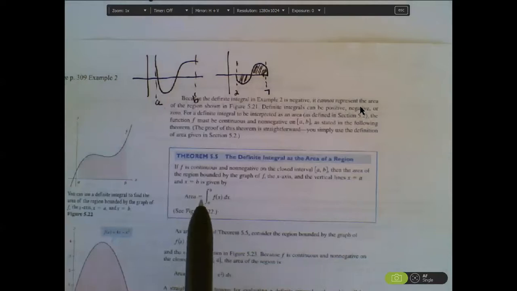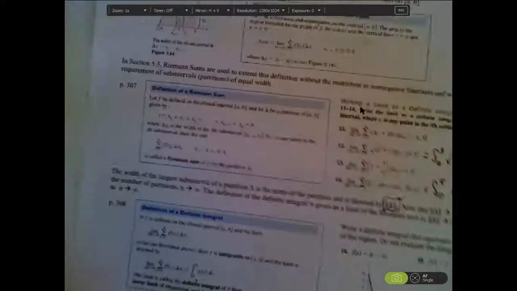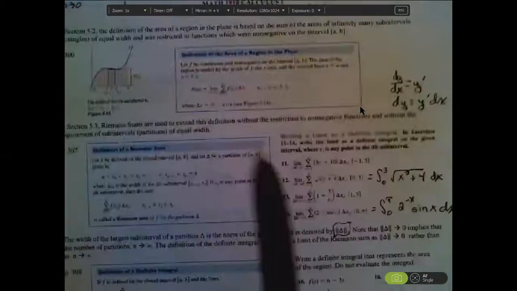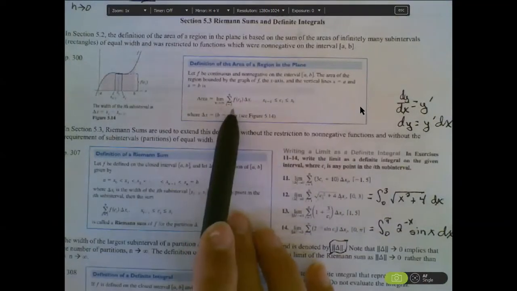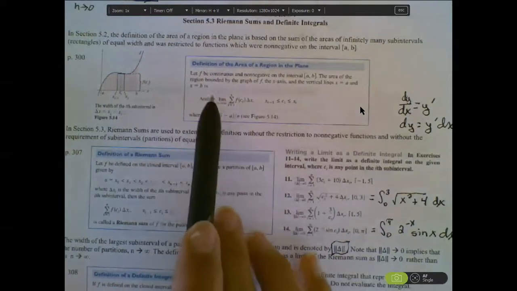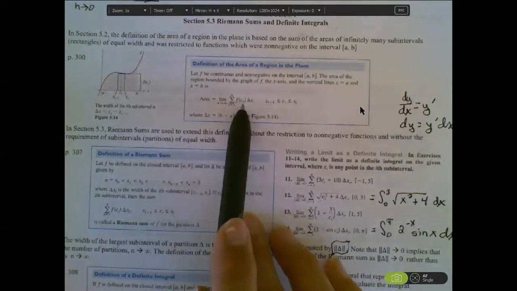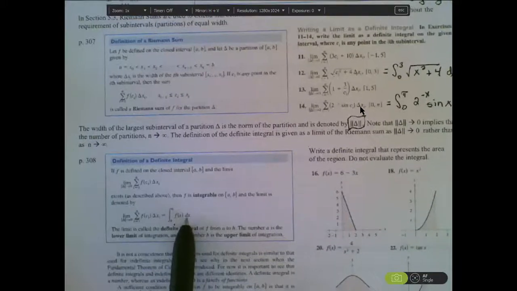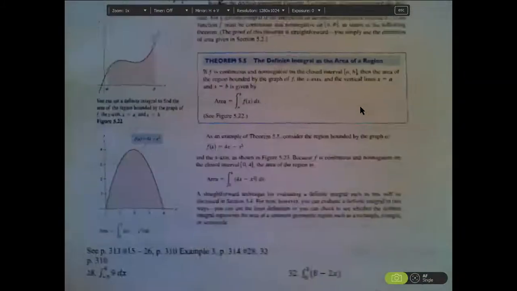So we already have that definition of area using the limit of Riemann sums, and now we're saying the limit of Riemann sums is the definite integral, and so this is the last leap.